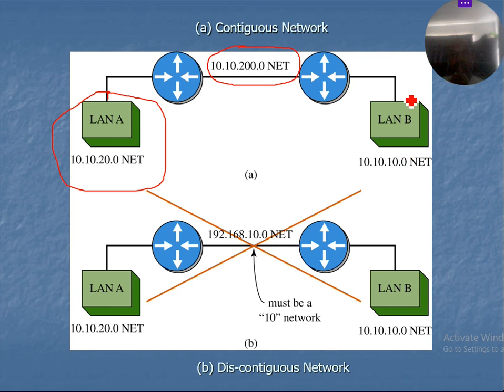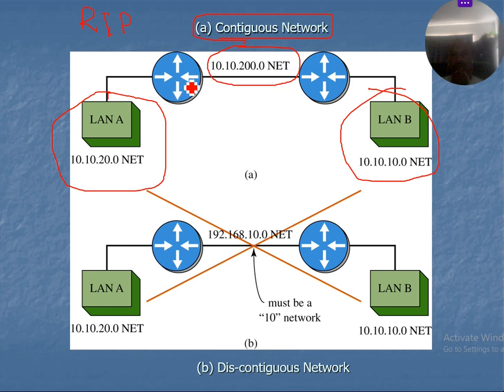And look at local area network B, also 10.10.10.0. So all of them conform. It's a contiguous network. This one works with RIP. So RIP will only work with a system put in place like this, a system that has the same class for both the local area network and the routing IP subnet.